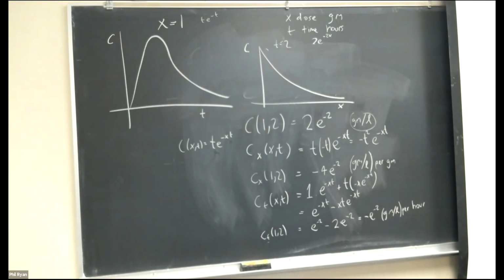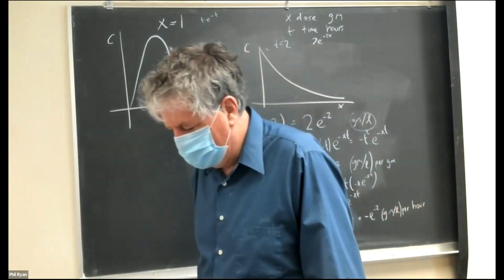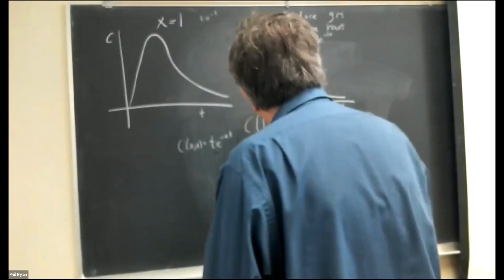Some people find it easier to think about things in three dimensions, other people don't. So if you can think of this all in one go, that's great. If you can't, then you just have to consider it piece by piece. Let's do another one.